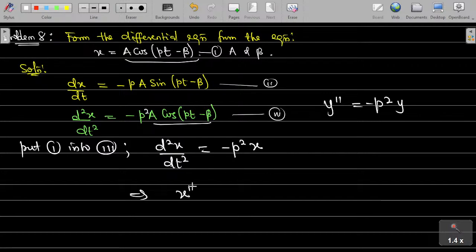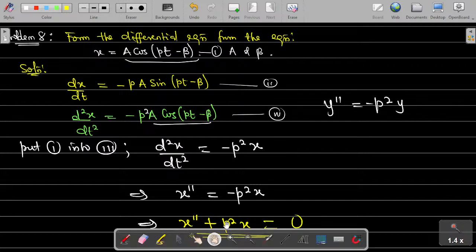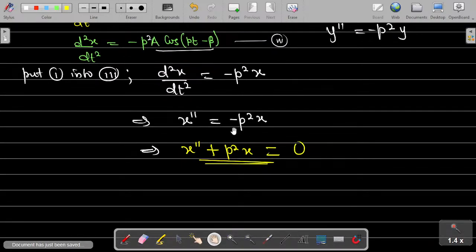That will be x prime prime is equal to minus p squared x. Okay, because the double derivative means prime prime, and then I can move it a little bit further by transferring this to the other side, and that will give me plus p squared x equal to 0 as the differential equation required. Okay, and that's a very good place to stop.